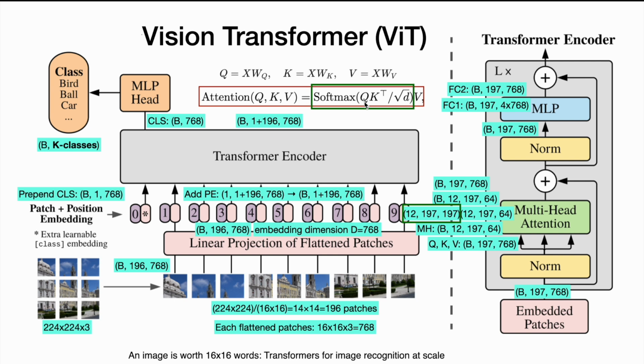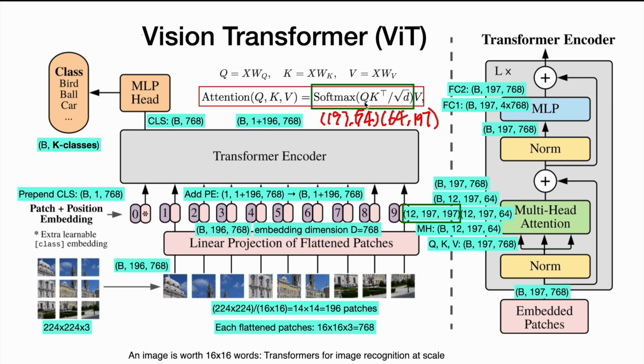So for the query, we know that it has a dimension of 197 by 64, and the key has the same dimension, but here it is transposed, so we have 64 by 197.